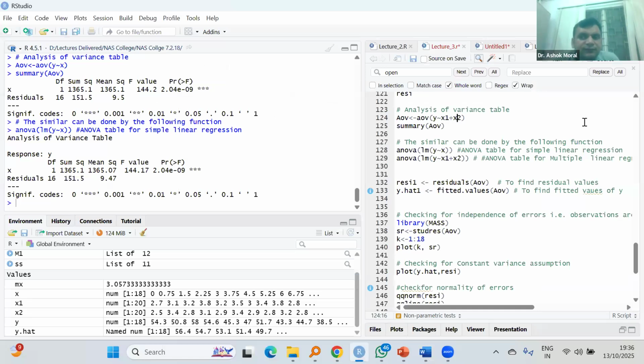If there are x3, x4, then you can just write x1 plus x2 plus x3 plus x4 plus x5 in that way. Rest will be same.